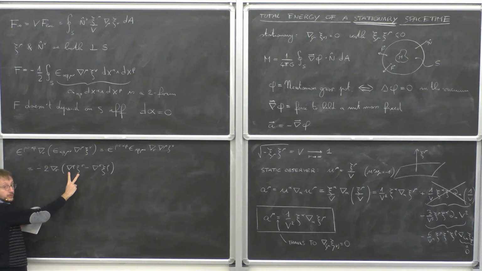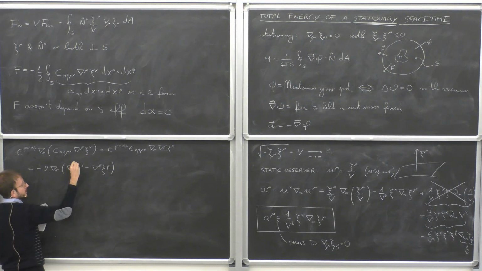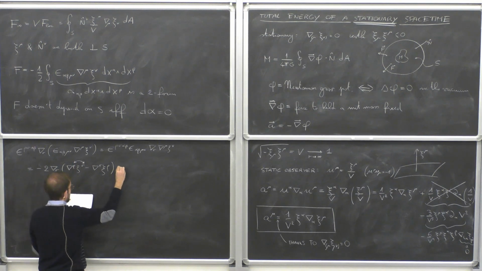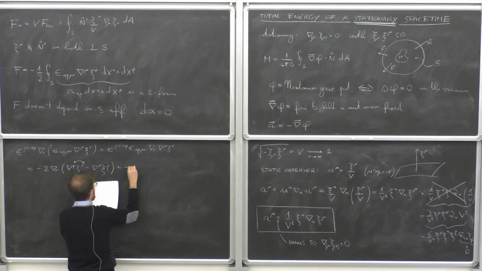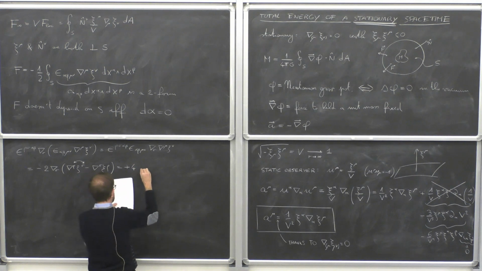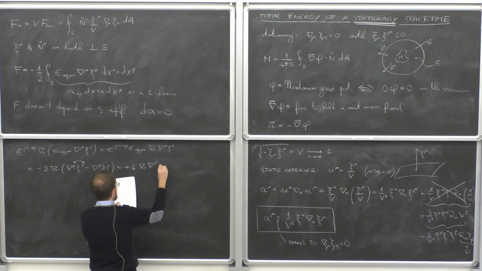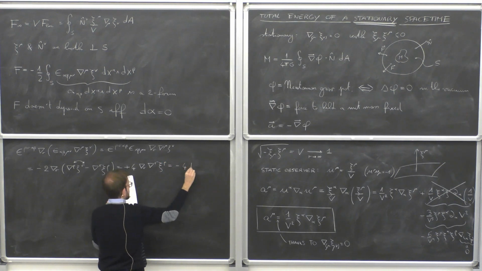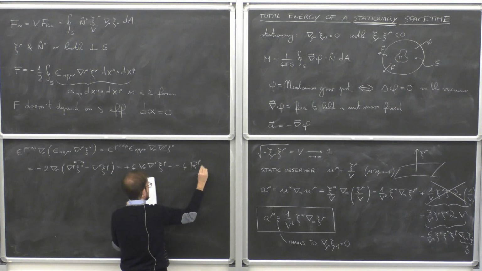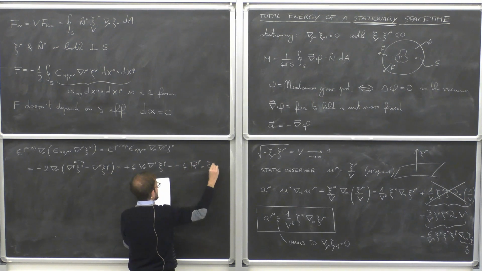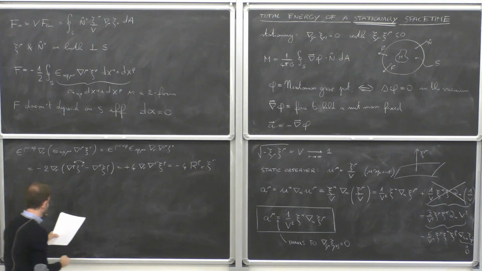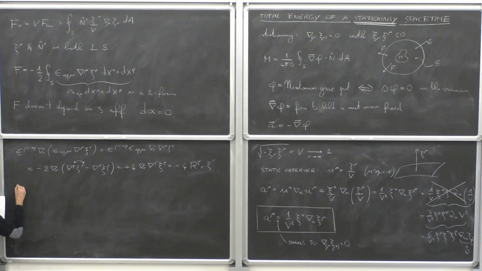But here I can use the Killing equation, and this means that I can flip these two indices thanks to the Killing equation, and therefore eventually I can rewrite everything in the form... okay.